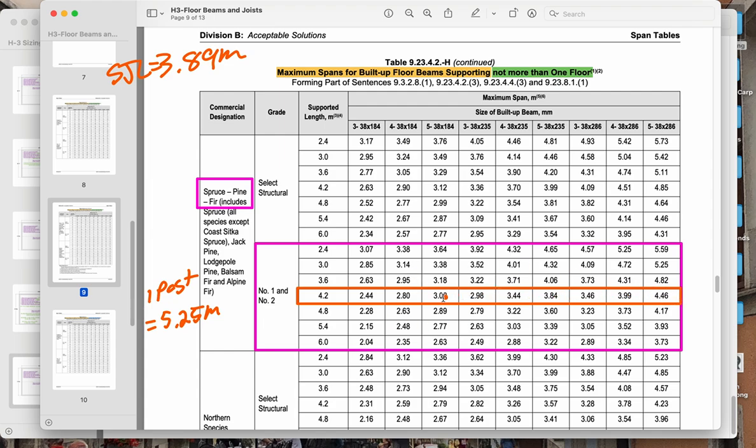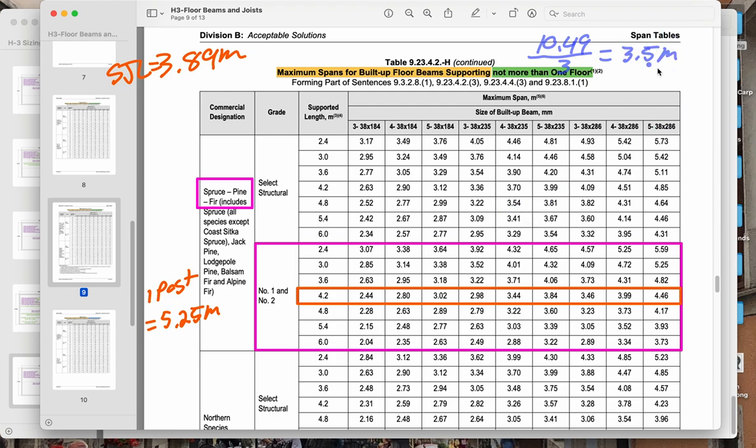So by process of elimination, we know that we're going to have more than one post. Now let's take our 10.49, which was inside a foundation wall to inside a foundation wall, and we'll divide it by 3 spaces this time. And we get 3.5 meters.